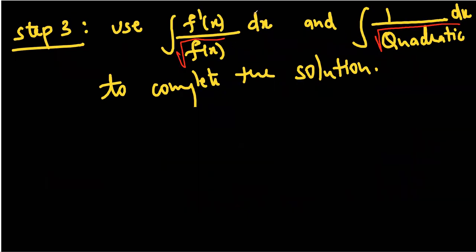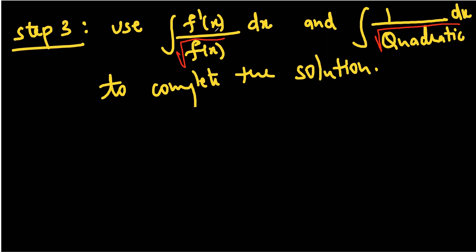Now, once you have split, you will get the integral of the type f dash x upon root f of x, and you will get 1 upon root quadratic. These two kinds of integrals you will get, which you will integrate, because you already know how to integrate them.